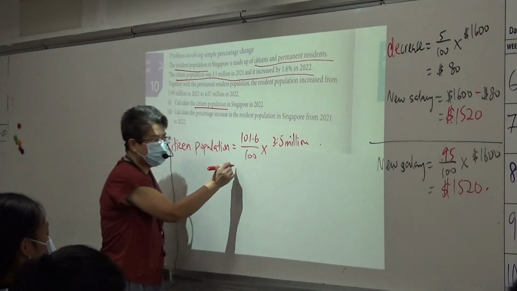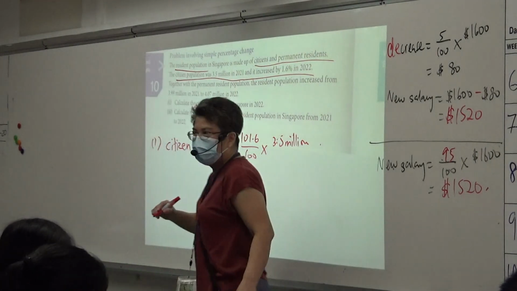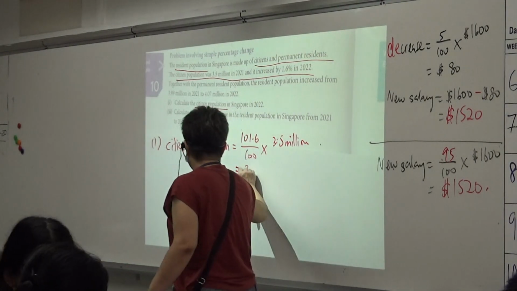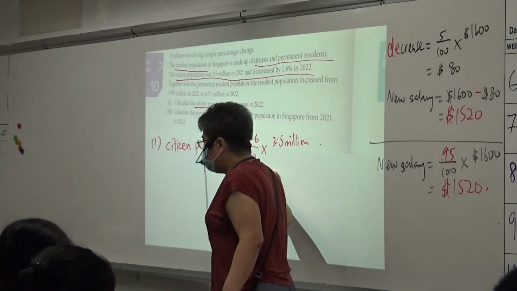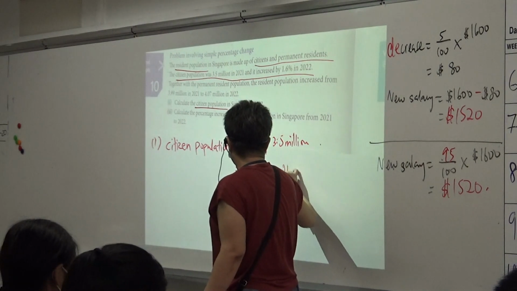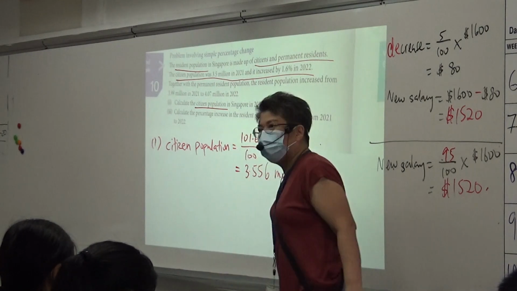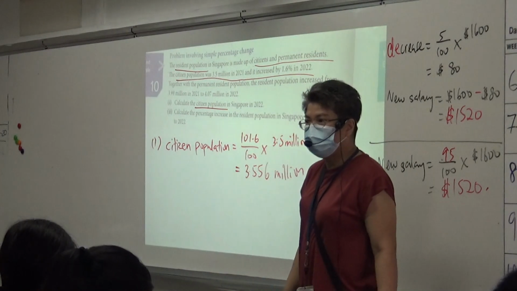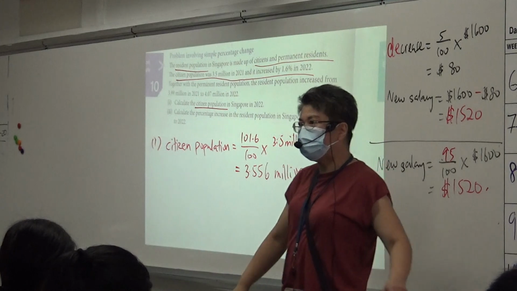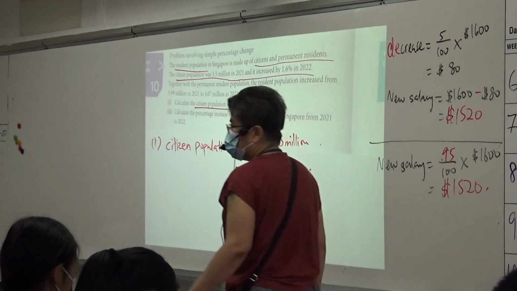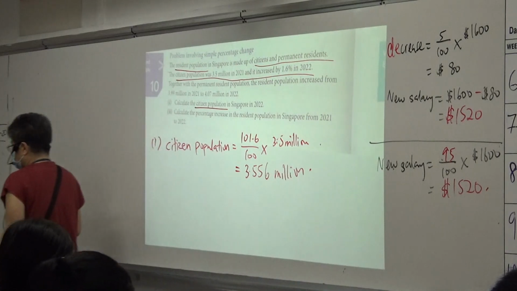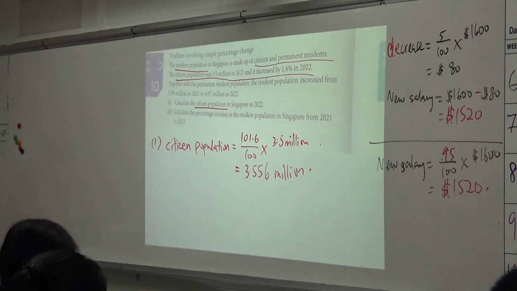Is it a lot of decimals? 3.556. Exact, then we just give it as exact. 3.556 million. But what if I want to give you 3 significant figures, what should it be? 3.556 million. Understand? But 3.556 is the exact one, we give 3.556. Everybody clear? Okay, next question.